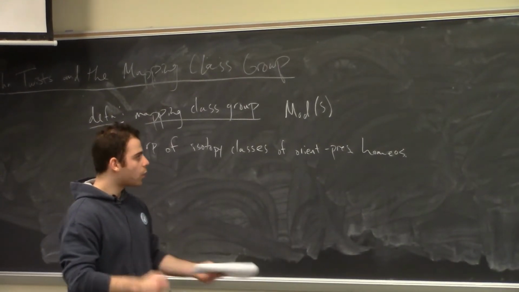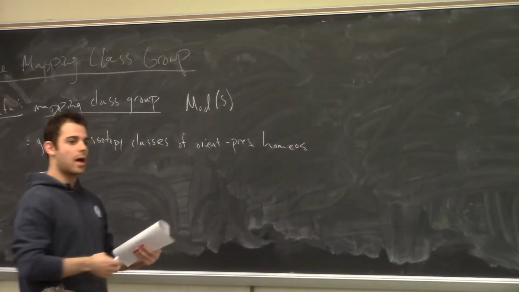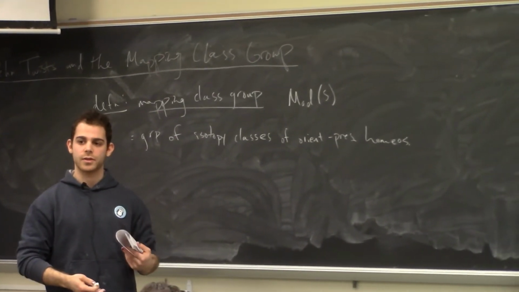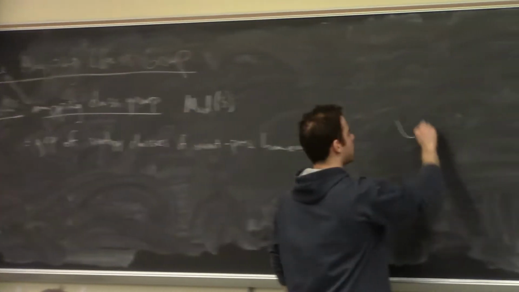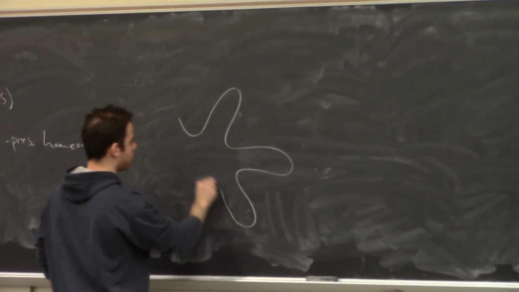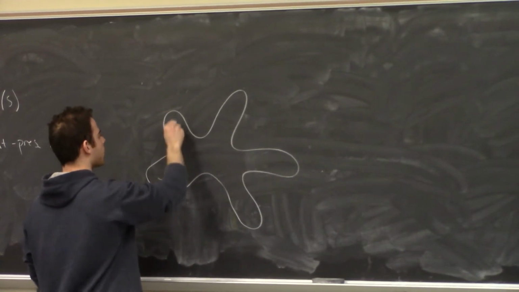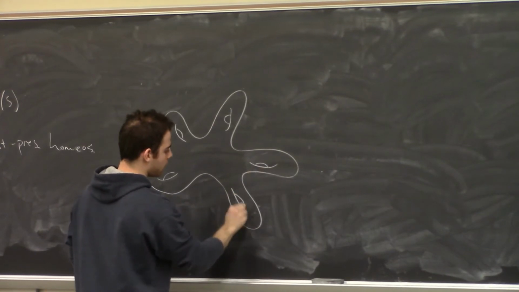So one example of this, and what you should also note is that elements of the mapping class group are not single functions. It's an isotopy class of functions. So each element represents a whole set of functions. So if I draw my surface with 5 holes, and let's pretend that the shape is symmetrical, even though we know it's not.